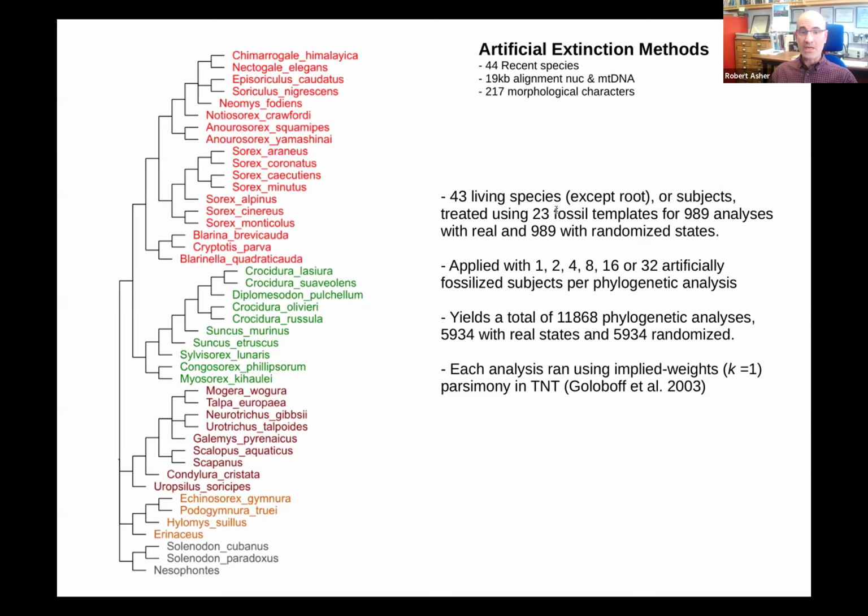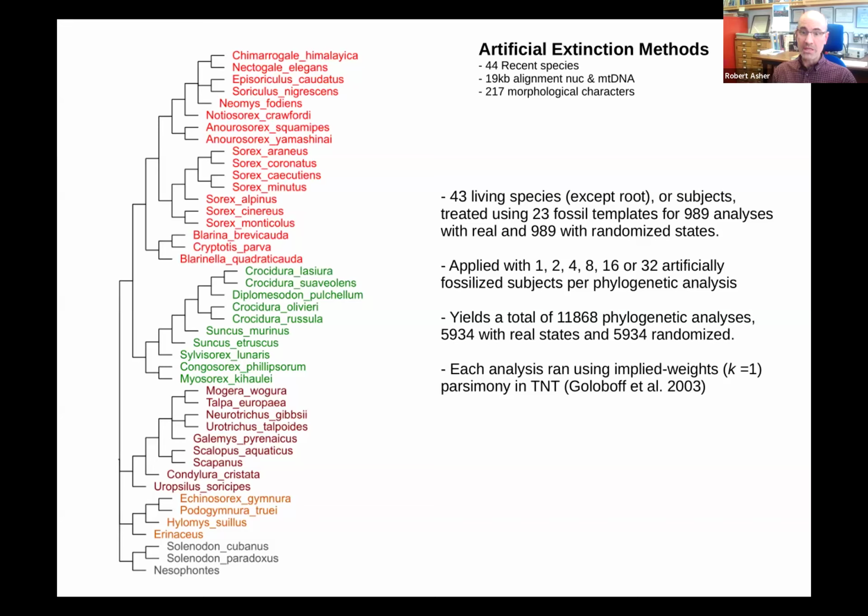We have 23 different fossils, so we use every possible combination of these 43 living species with 23 fossil templates. Domnina is our best known fossil, so 2/3 of its anatomical data are known. There are some very poor fossils in here that are known from just a few tooth and jaw fragments, under 10% complete. You combine all combinations of 43 times 23, you get 989 analyses that are using the real character state.